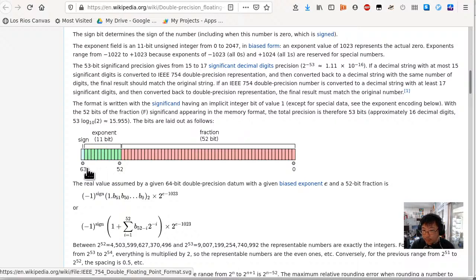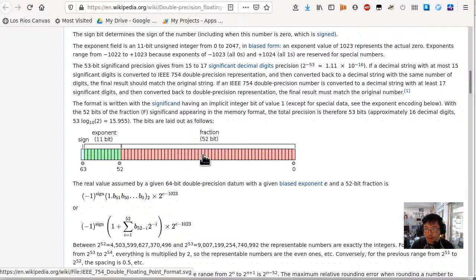But when we want to figure out the value of a double precision floating point number formatted this way, we're not just going to add up this digit times 2 to the power of 0 plus this digit times 2 to the power of 1, all the way up to this digit times 2 to the power of 63. We're not going to do that because different parts of these 64 bits serve different roles when we figure out the value represented by a double precision floating point number.